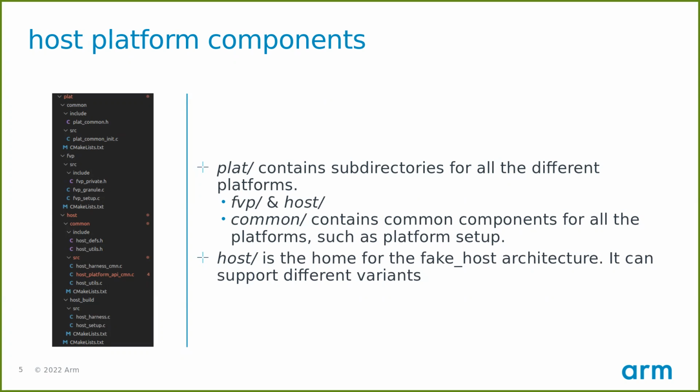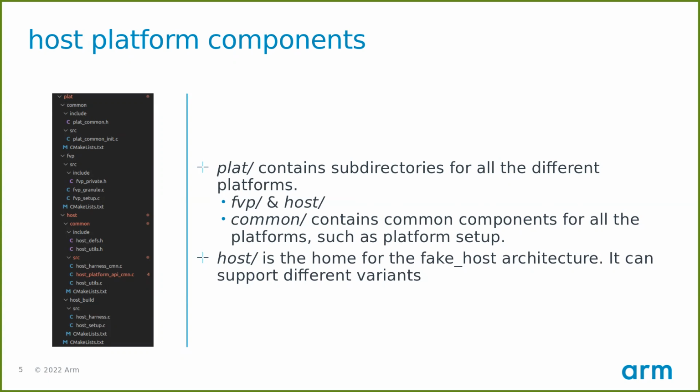So far for the fake host, we only have a variant which is called host build. This variant is the one that we use to build. It's the one that is built by default when we build fake host, and the result of this variant will be an executable that we can just run from our machine.